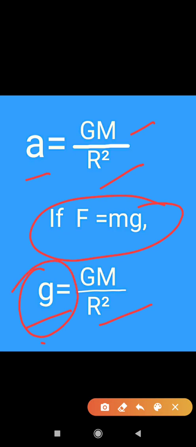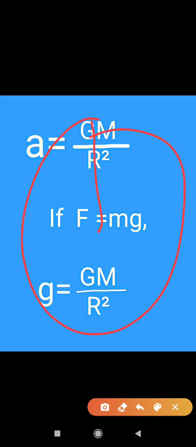We want to know the value of this g. So in this equation we place the value of the gravitational constant, the mass of the earth, and the distance between the body and the center of the earth. Now one more thing: suppose this is the earth and this is r, the radius of the earth, re.